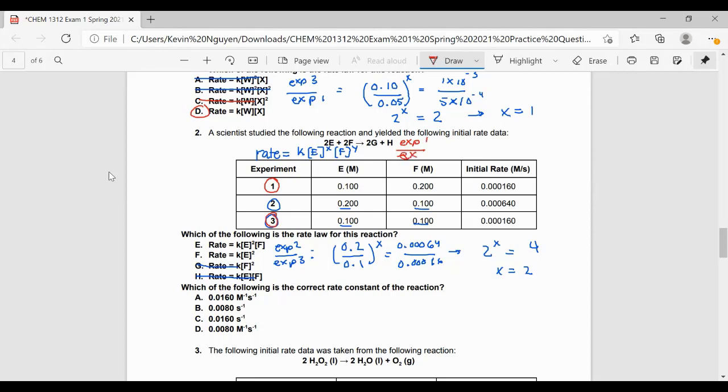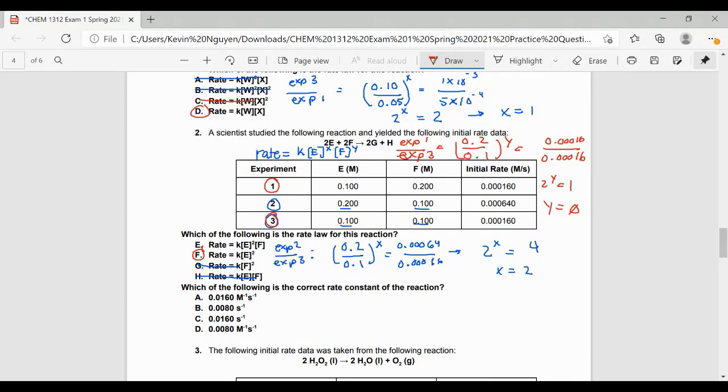So you'll get 0.2 over 0.1 to the Y power, and then you'll get 0.00016 all over 0.00016. And from here, you'll get 2 to the Y is equal to 1. So you have Y equals 0. So that means that this will have to be the answer.